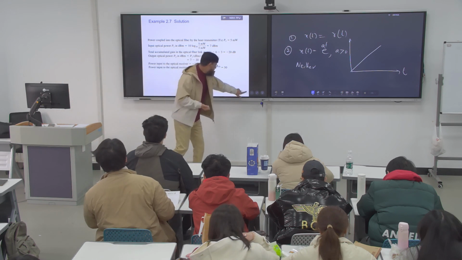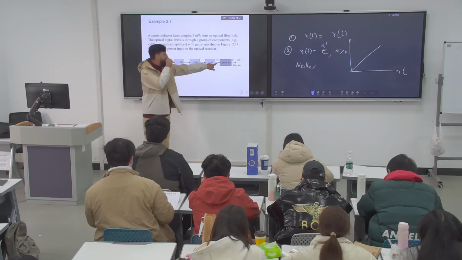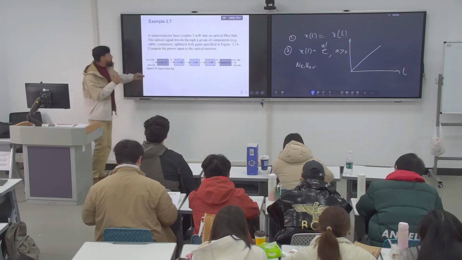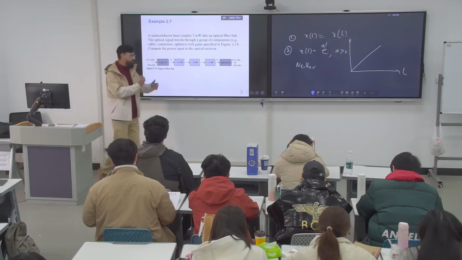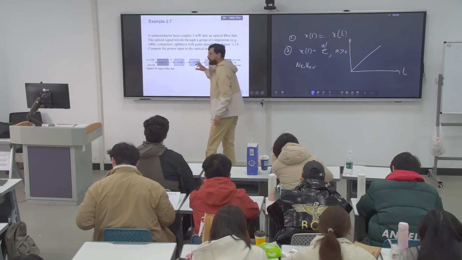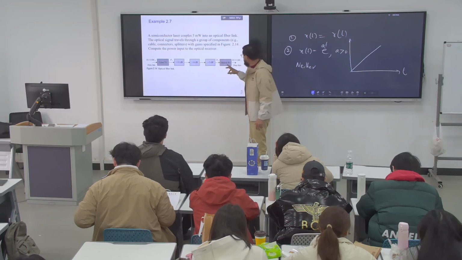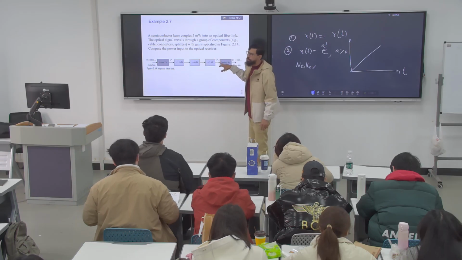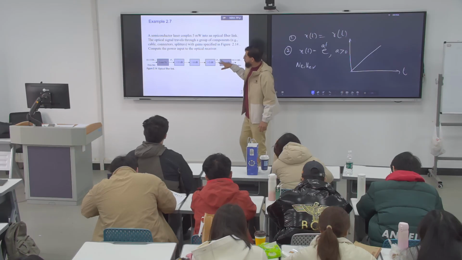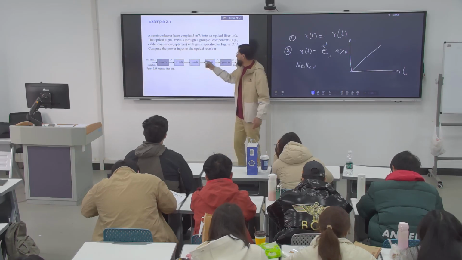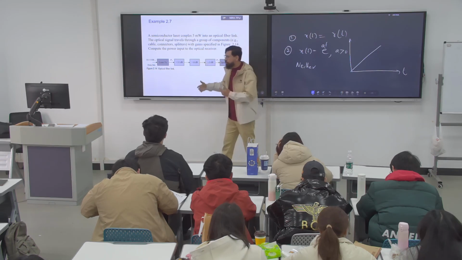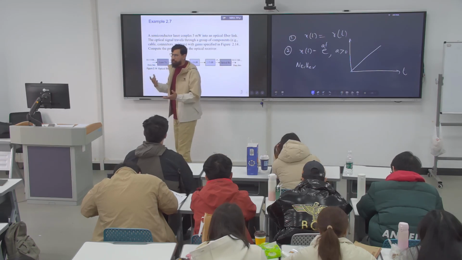So here, what I want to do is calculate this P2. Compute the power input to the optical receiver. Some power is taken here, some power is taken here, some power is taken here. I want to calculate how much power is here, P2. So I have P1 in milliwatts, so I have to convert it into dB because all of those are dBs. So just add them algebraically.